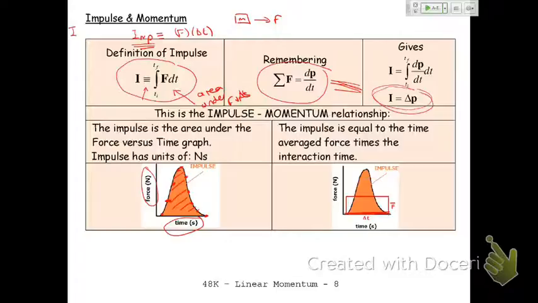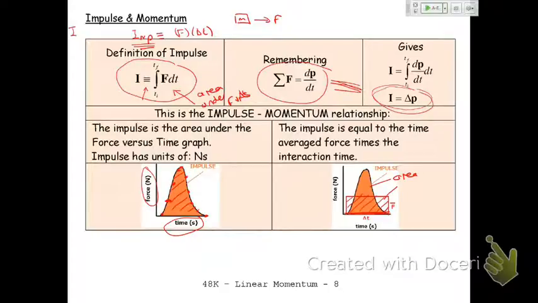It's hard to look at this first graph and say what the average force is. But if the average force times the duration has the same area as the actual force in time, then it makes it a lot easier to find my average force. So it's kind of interesting.